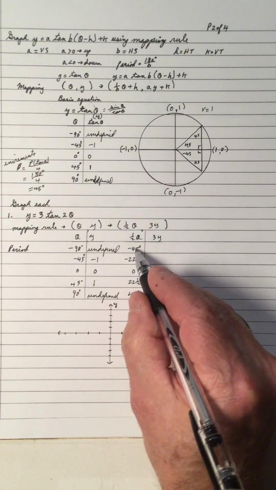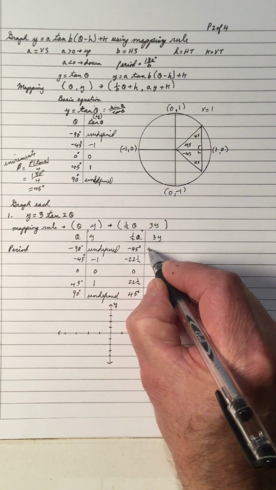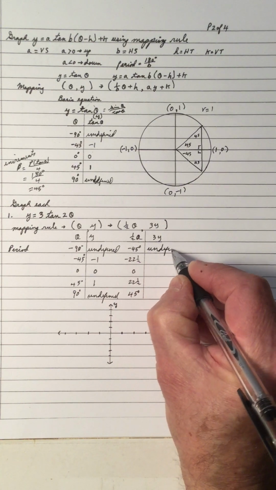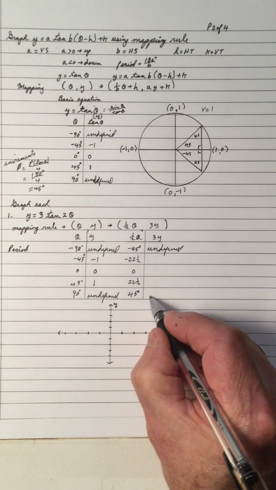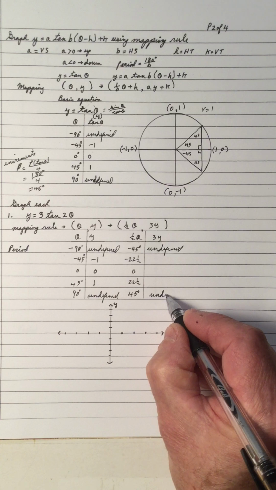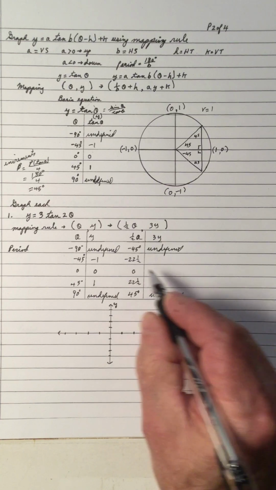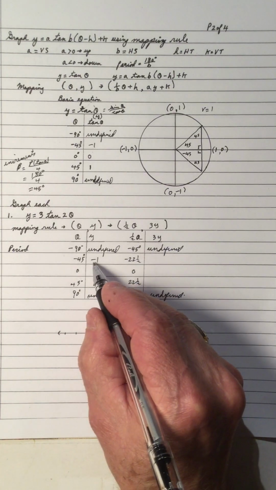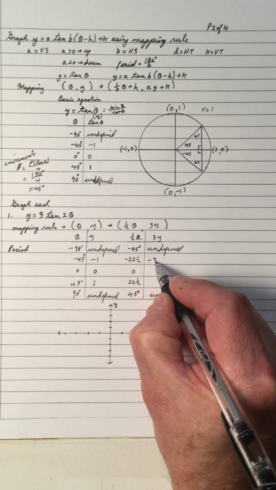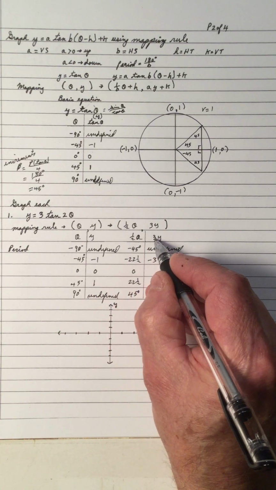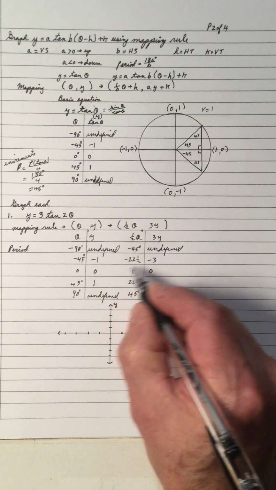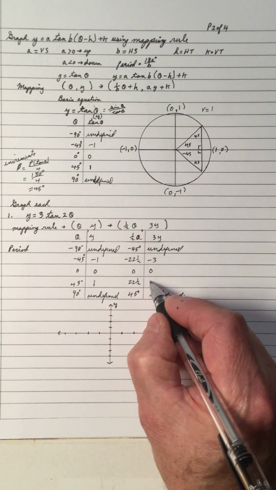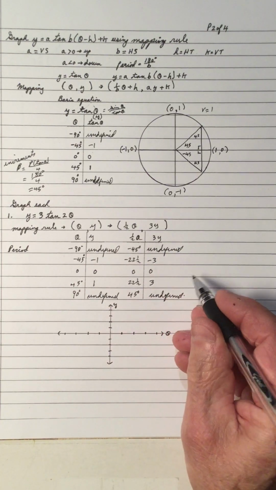So if it's undefined at negative 90, it's undefined at negative 45. And it's undefined here. So just write that out. And we got a 3y, so negative 1 times 3 is negative 3. 0, 3 times 0 is 0. And 3 times 1 is 3.